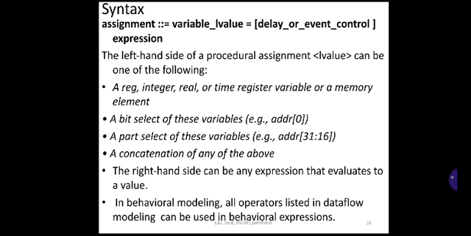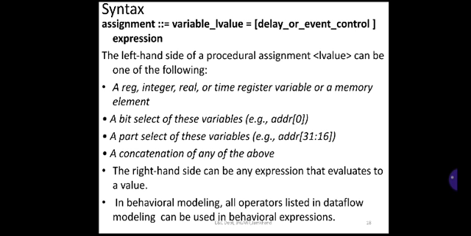The left hand side of the procedural assignment, the L value, can be one of the following. As already mentioned, it can be of register, integer, real or time data type, a variable, or a memory element.